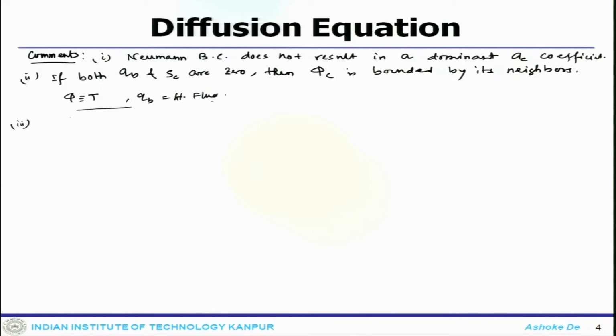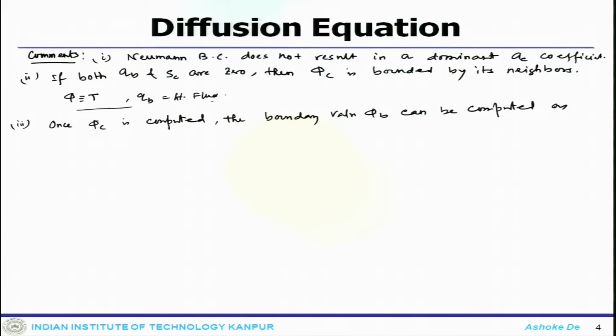Now, third point, once phi c is computed, the boundary value phi b can be computed as phi b equals gamma b dB phi c minus QB divided by gamma b dB.